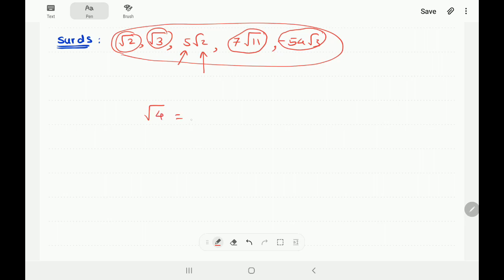No, root 4 is not a surd because it equals 2. The simple value of root 4 is nothing but 2, because 4 is a perfect square. So this we don't call a surd. Clear? You got the point? Hope you understand. There is a typical concept, that is pure surd and mixed surd.